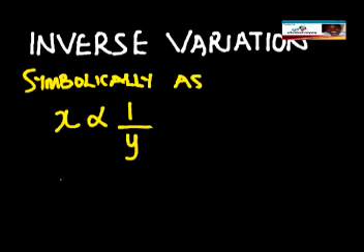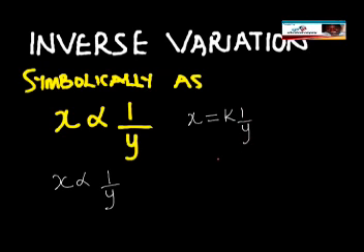It is the same process. If we say x varies as 1 over y, which is the inverse variation, and then we introduce a constant, x will be equal to k times 1 over y. What that simply means is x is equal to k over y, because k will multiply 1 and you get k over y.